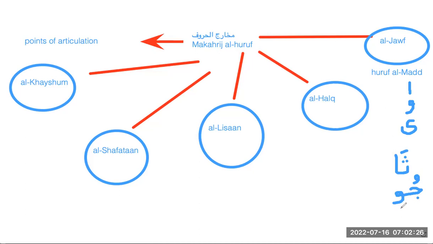And our ya is a silent ya preceded by a letter with kasra. Let us choose the letter ba. Bi with 2 counts. Is this clear?